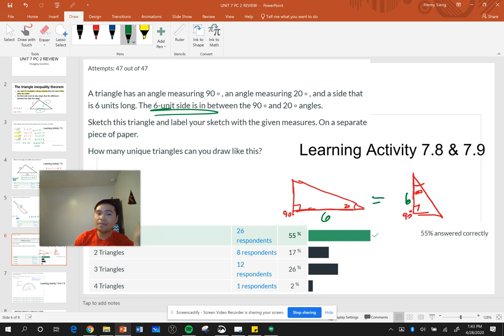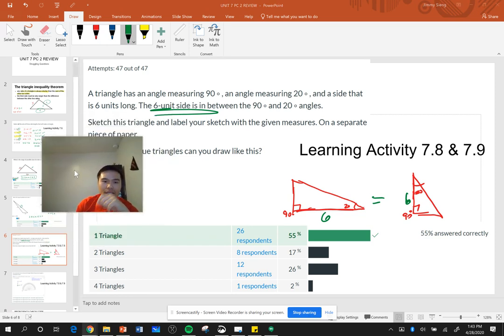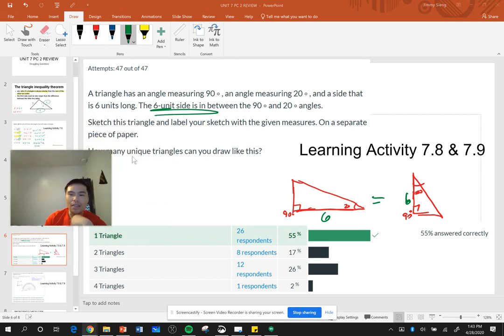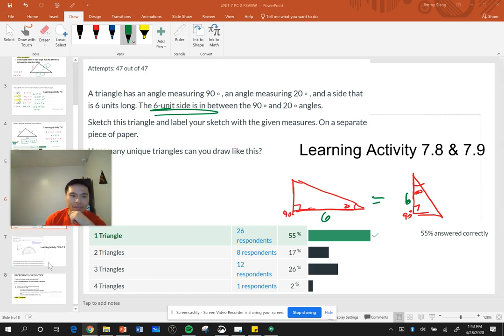They're not any different from each other. Basically what happens is I turned it upwards and then I flipped it over, right? That's the same triangle. So really just by sketching it out, I can only draw one triangle, okay? I can't draw any other triangles, meaning that 6 has to be on different sides or anything. There's only one unique triangle.